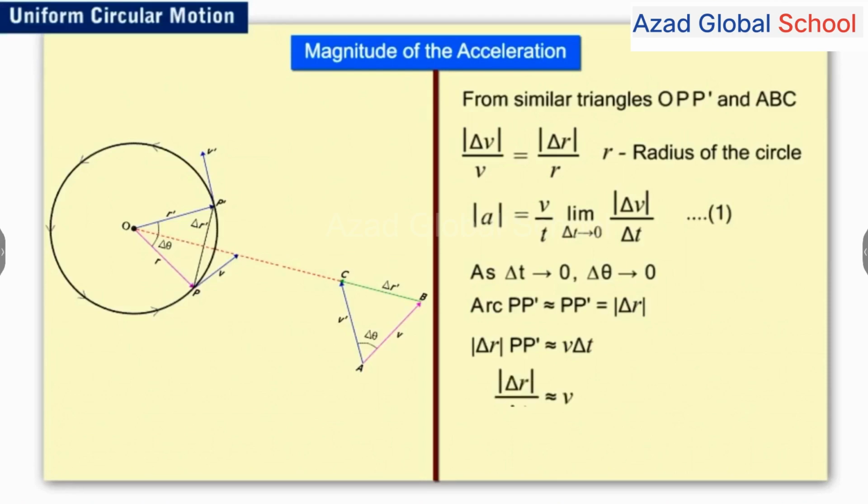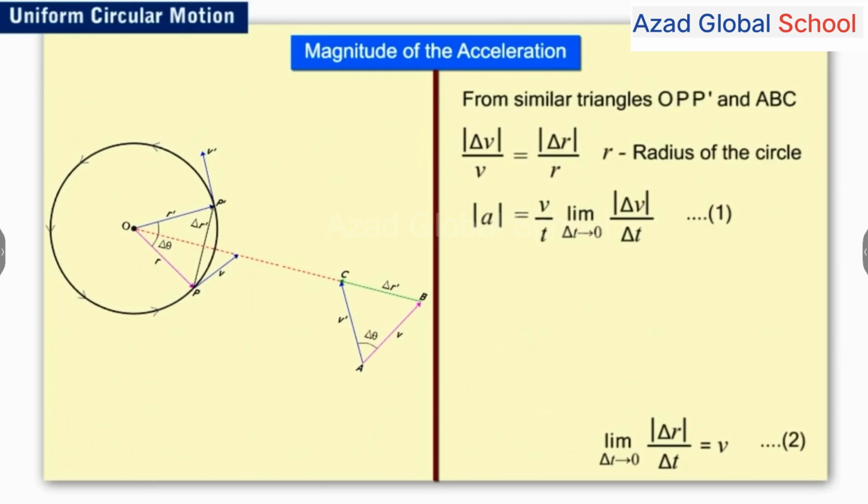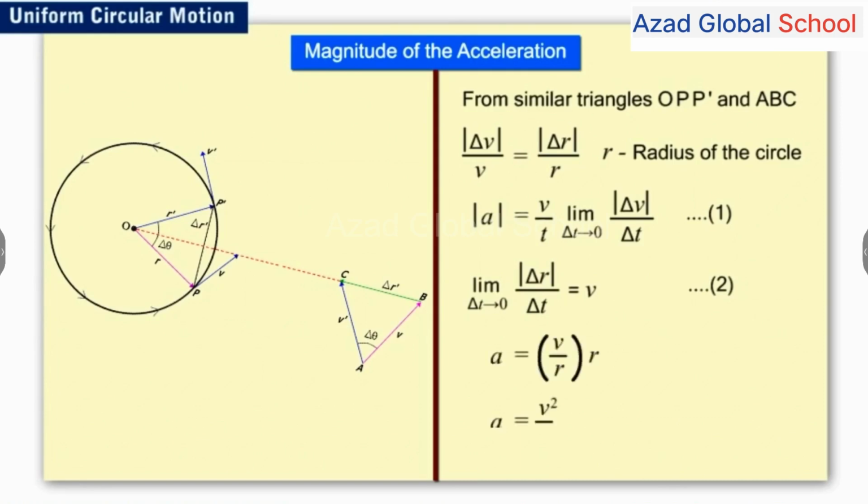This can be written as magnitude of delta R by delta t is approximately equal to V, which implies limit delta t approaches 0 of magnitude of delta R by delta t is equal to V. Let this be equation 2. Substituting equation 2 in 1 and simplifying, we get a is equal to V square by R. Let this be equation 3.